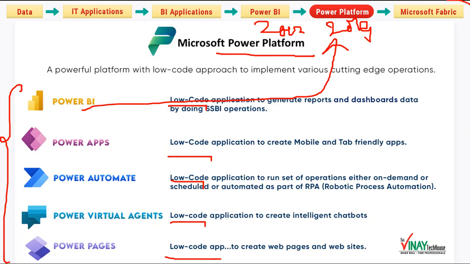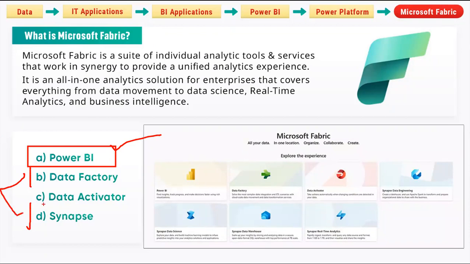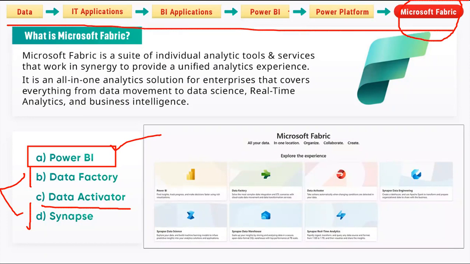So now they announced a new component called Fabric. Fabric is the area where Power BI works for reporting, Data Factory and Synapse for data processing, and Data Activator for data monitoring. And you are going to learn a component which is a part of Microsoft Fabric. So now you are a Fabric developer. Now you are a Fabric resource. So this is the data to Fabric evolution. Yesterday I explained, today I did a recap. And what is the fresh part for today?